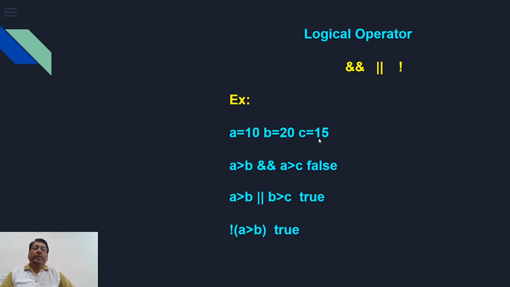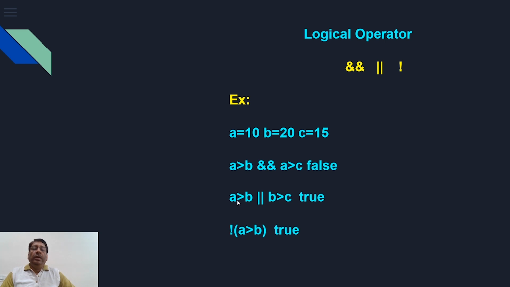If the values happen to be like this, then you can say A greater than B, true or false? This is false because the A value is 10. And A greater than C. So when you say AND, we know it has to satisfy both the conditions. Then the result is going to be true, otherwise it is going to be false. So in our case, the first condition is false. So irrespective of the status of the second, it is going to be false.